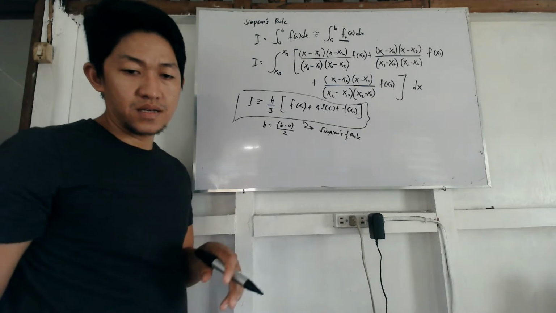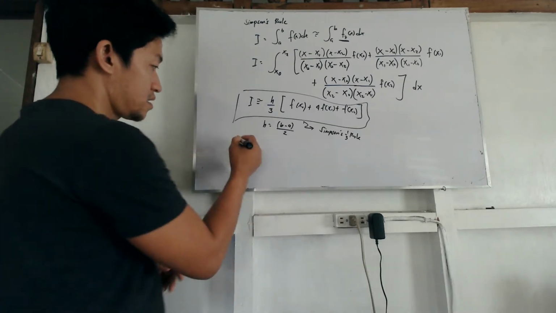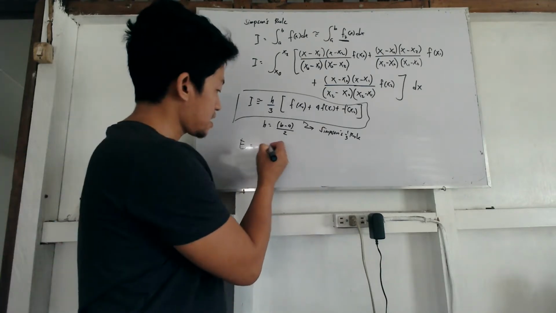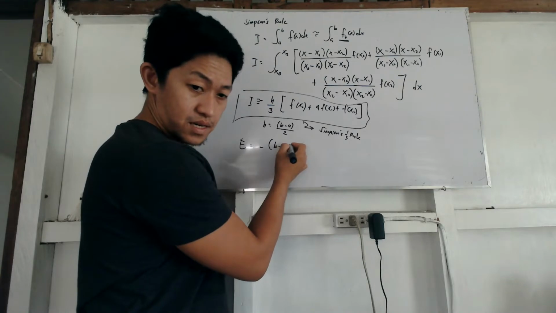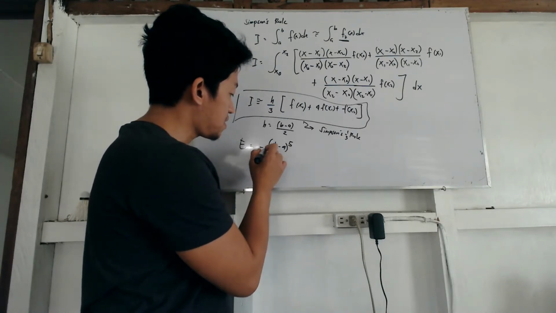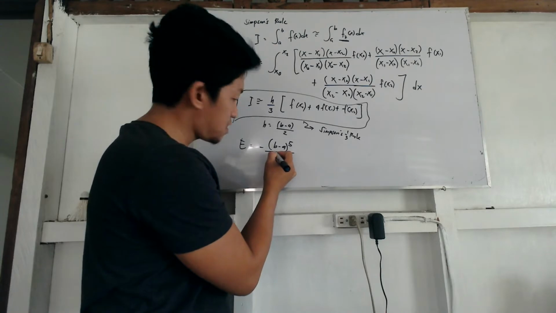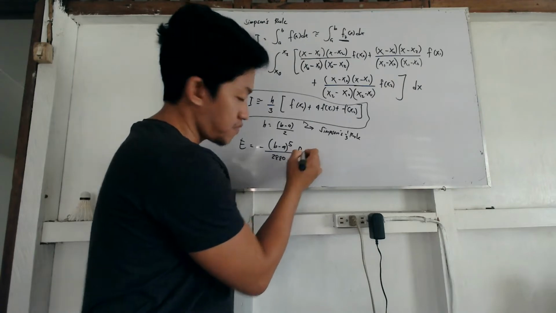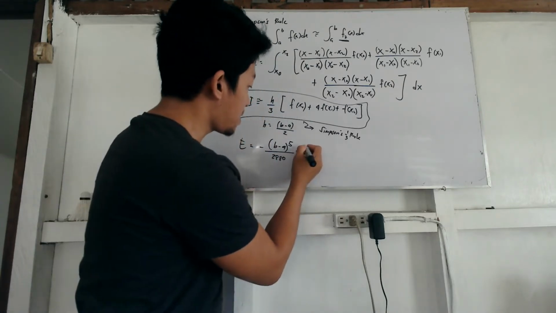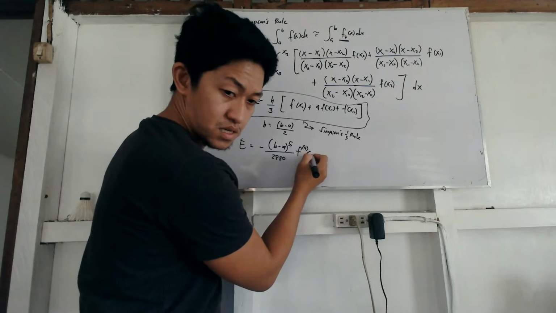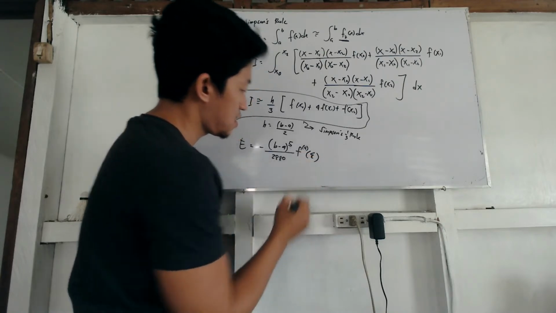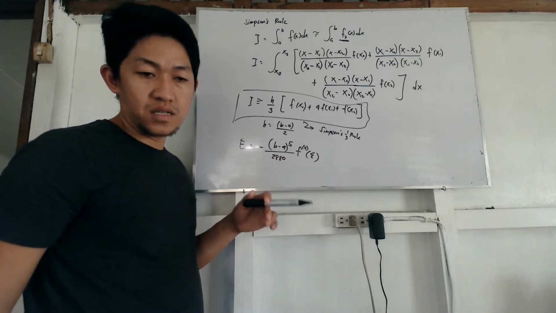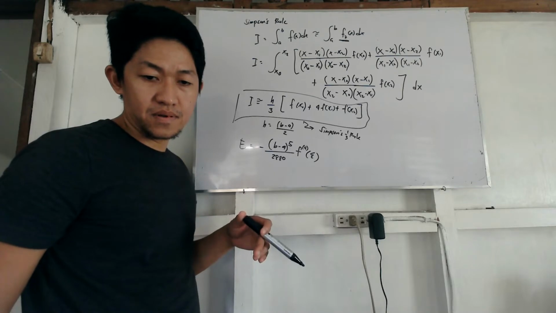So the corresponding error will now be equal to negative b minus a raised to 5 over 1080 times f to the fourth, the fourth derivative of the function.